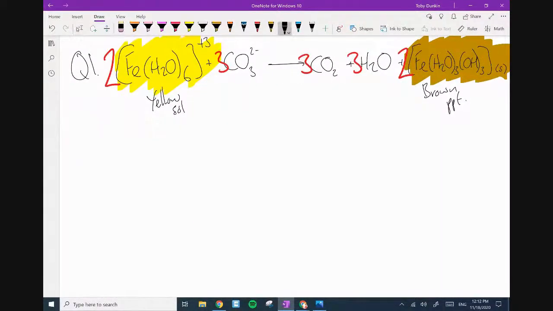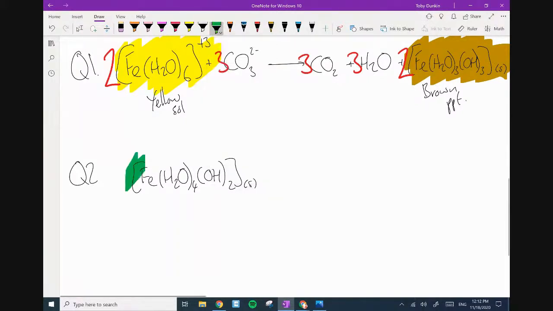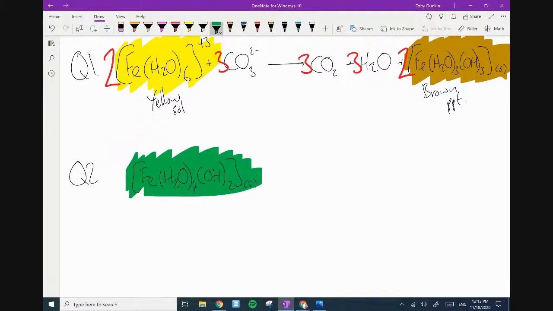Now that's tricky. So question number 2, we're going from iron 2+ precipitate, solid, and that's green. Not green precipitate. It is in contact with air in alkali conditions.